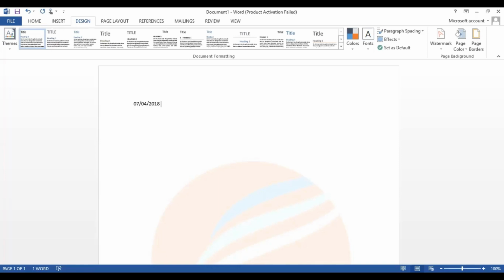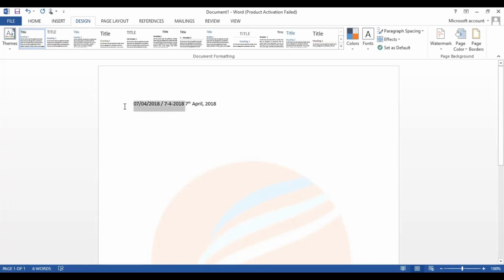Or it can also be written in this way, 7/4/2018. It's also appreciable. Or you can write the date in this format, 7th April 2018, if in British format. Anyhow, all of the formats are acceptable.